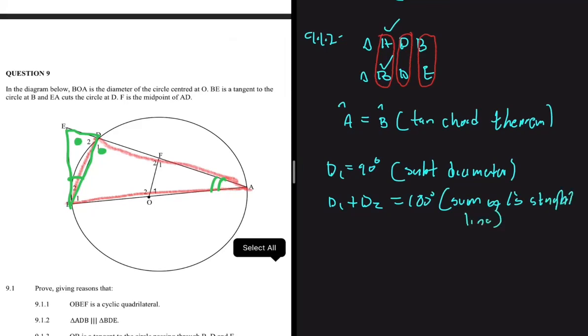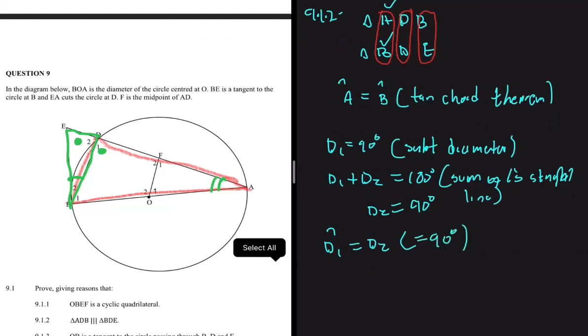So you can see here that consequently D2 will be equal to 180 minus 90, which is just 90 degrees. So now D1 is equal to D2. They're all equal to 90 degrees. It becomes easy to see now that this angle here B1 should be equal to the angle E, because they are the only remaining angles, right?